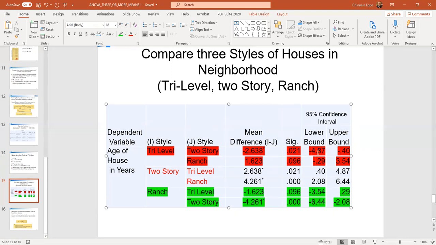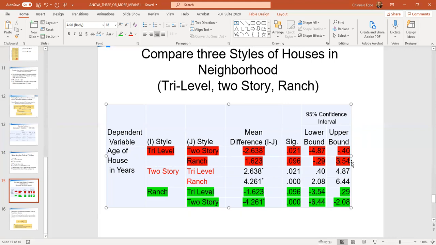There's a significant difference because the confidence interval of their difference is all negative. But when you compare the tri-level to the ranch, you see that the confidence interval of their differences goes from negative to positive. That means their average ages are equal. That is, you are not able to reject the null hypothesis of no difference.